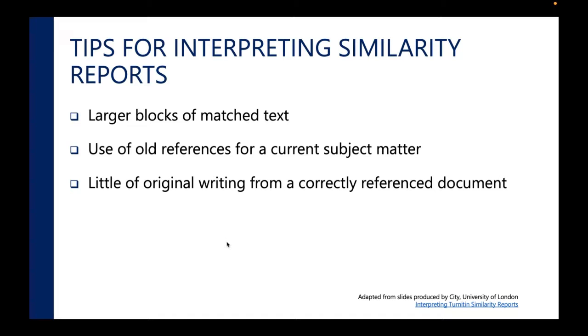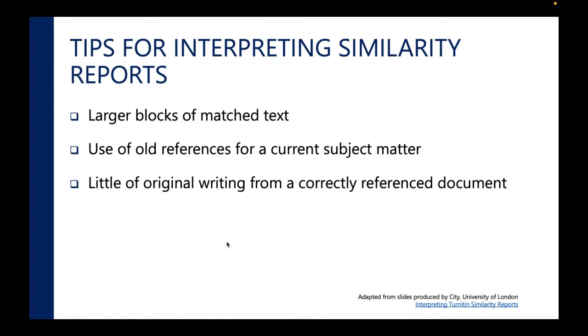You may see that the content of their document is very well and correctly referenced throughout, but there isn't much original text or writing from the student themselves. Usually, when they're supposed to create a submission, they obviously have to find sources somewhere, particularly if it's an assignment of that nature. And when they do this, they obviously have to have their own reflection on that content, their own personal discussions, and compare several sources.